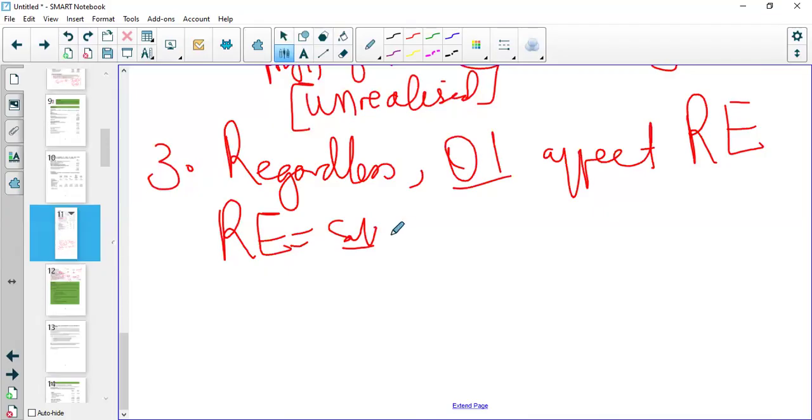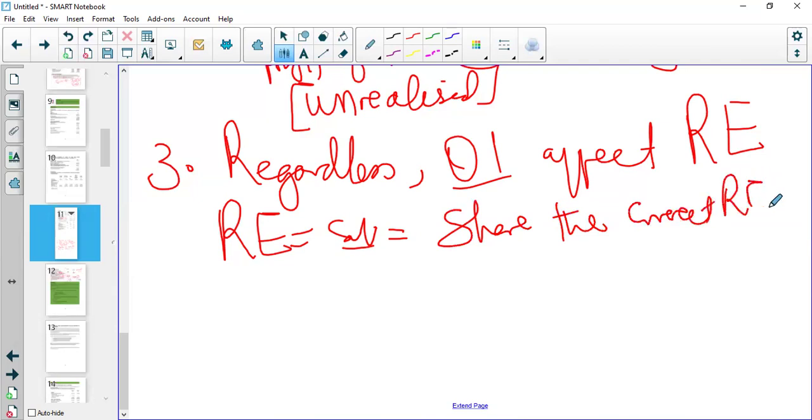But if the subsidiary was the seller, we do this so that we can share the correct retained earnings between the parent and the NCI, right? So that's why it's particularly important.